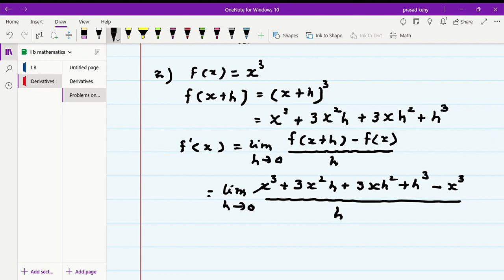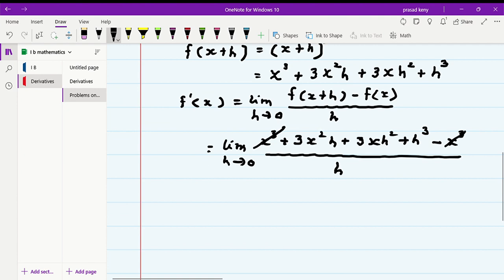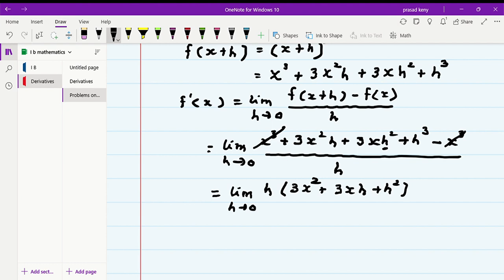So again here, as you can see, x cube is getting cancelled. Now from the remaining terms, take h common, so you will get limit as h tends to 0. I am taking h common, that will be 3x square. From 3x h square, h I am taking common, so 3xh will remain, and from h cube, h common, so h square will remain, upon h.